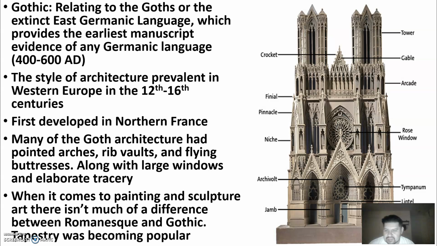Typical Gothic architecture had pointed arches, ribbed vaults, flying buttresses, along with large windows and elaborate tracery. The thing is, the tracery, this is one of the questions that a lot of students have been asking. What is that?